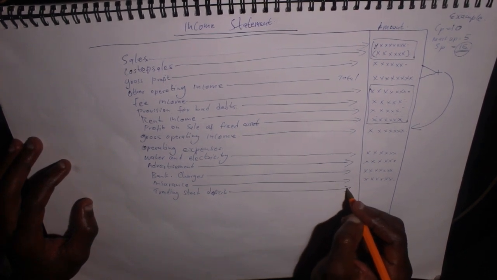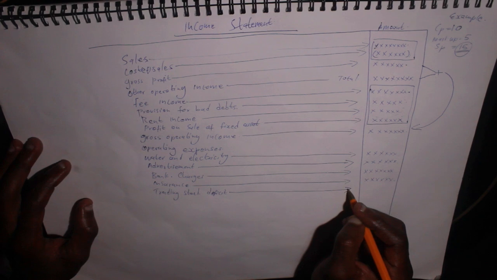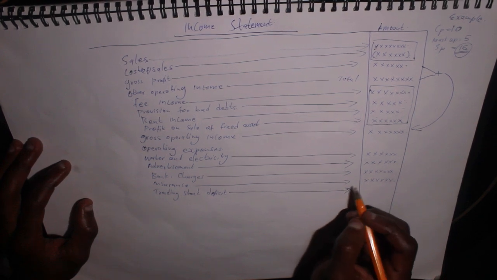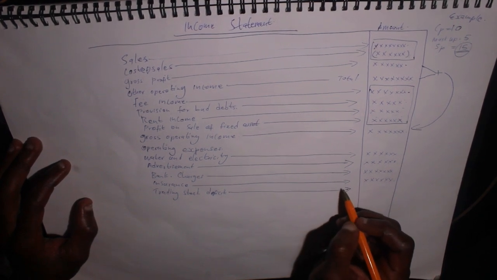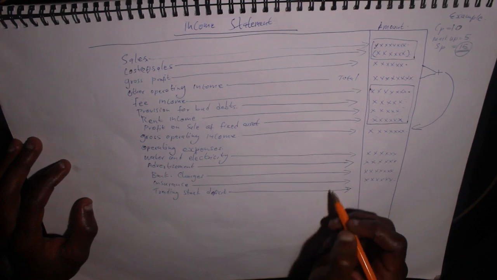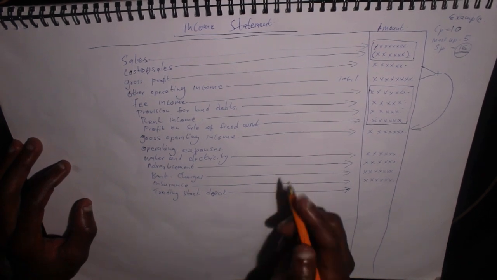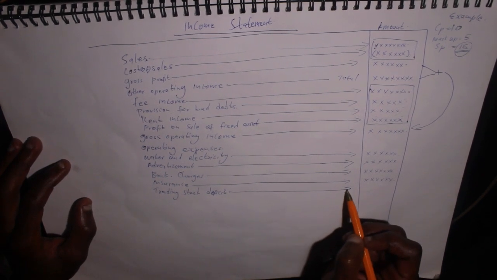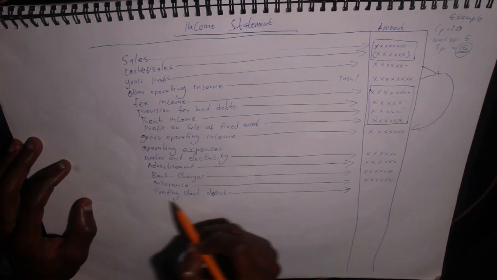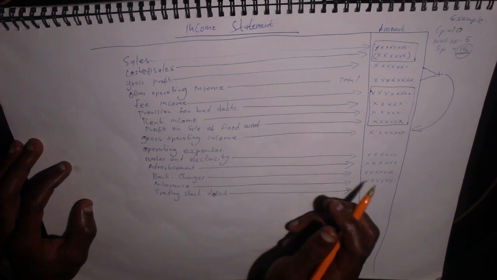The stock count or the amount of stock you have is less than what it should be. The difference there, that is what we call a trading stock deficit. So we'll have a discussion about the trading stock deficit as well some other time. But for now, you should know that a trading stock deficit is also an expense.